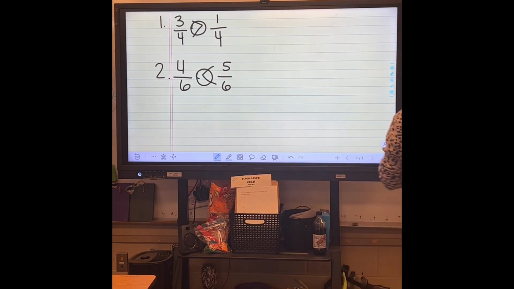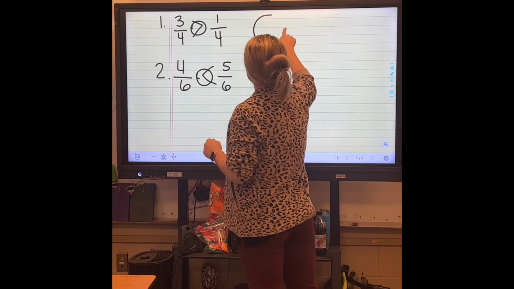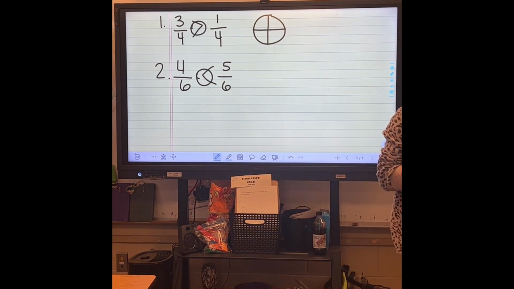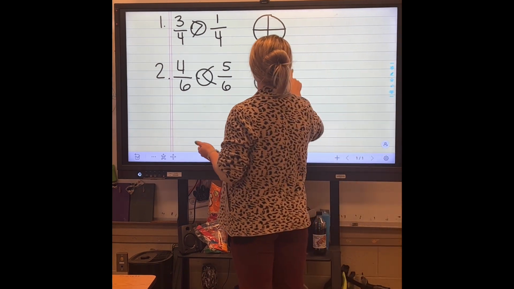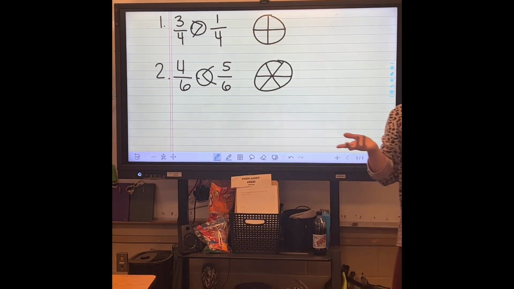The reason why like fractions are easy is they're coming from the same size piece. This pizza up here was cut into how many pieces? 4. All my pieces are the same size. This pizza right here is cut into what? 6. They're all the same size, or they would be if that was perfect. They're the same size pieces, so I can just compare how many I have.